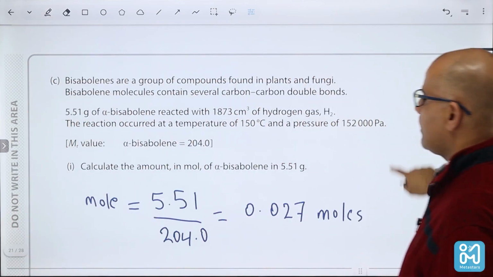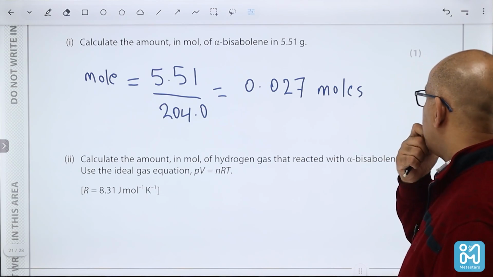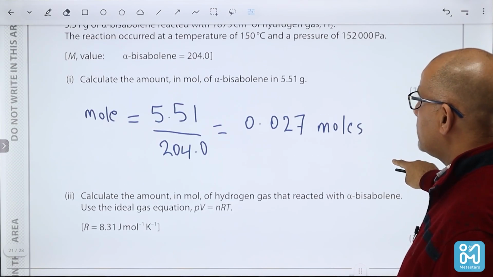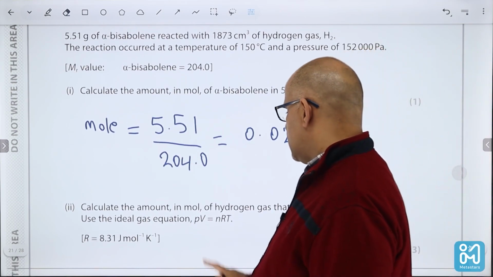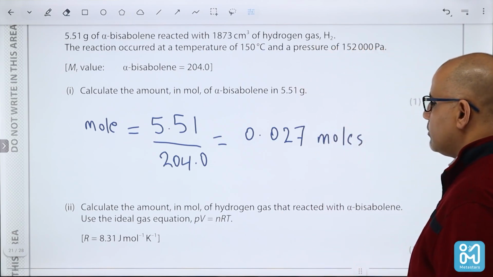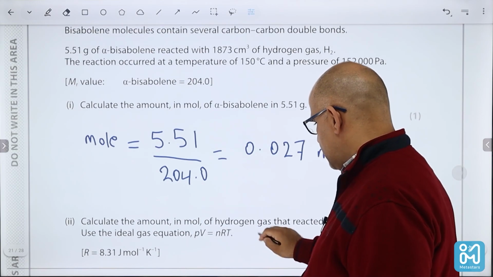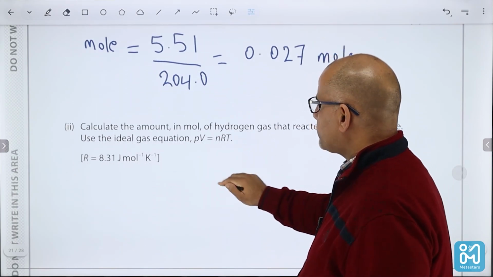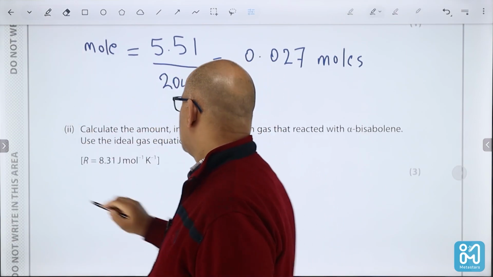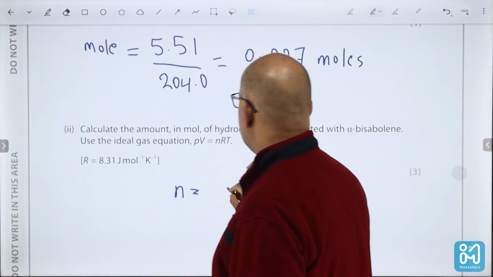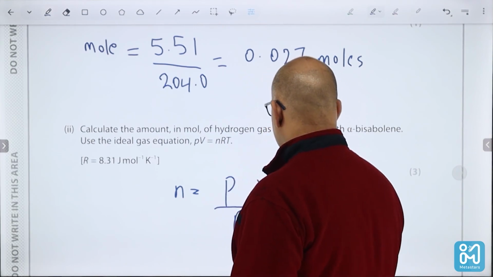Now, calculate the amount in moles of hydrogen gas that reacted. You can calculate it like that. He gave you the pressure in Pascal. So we can apply the number of moles equals PV over RT.